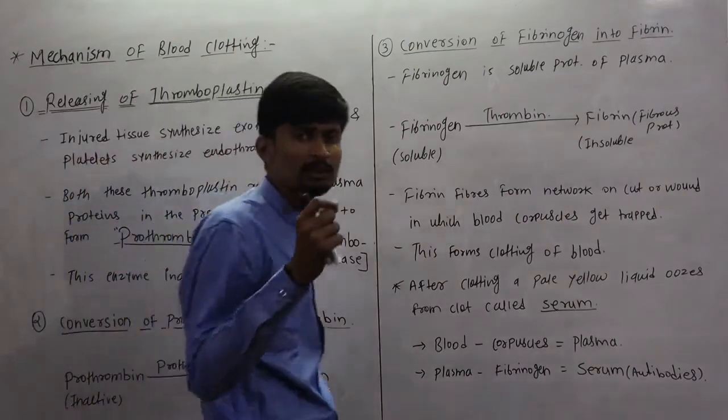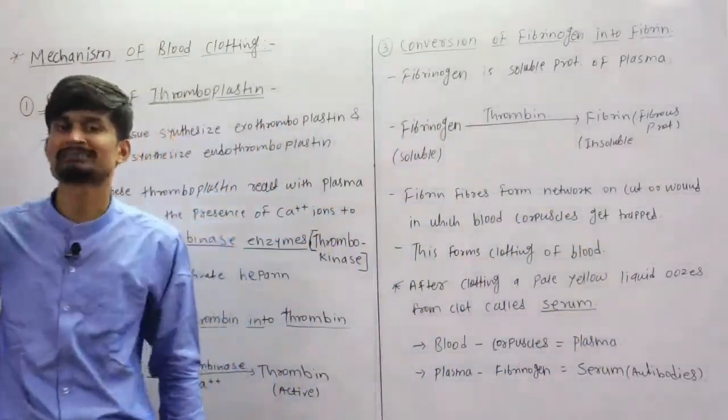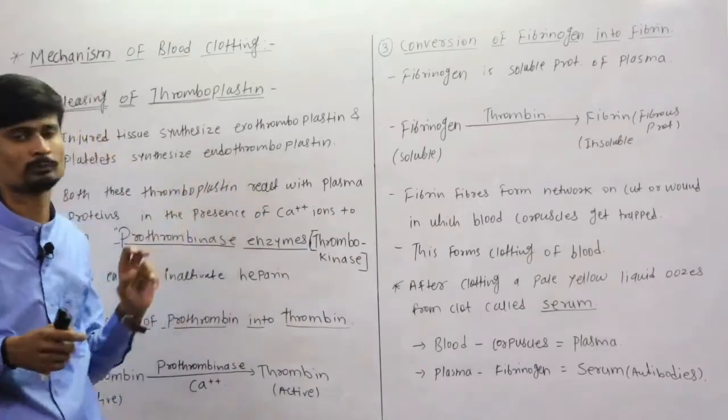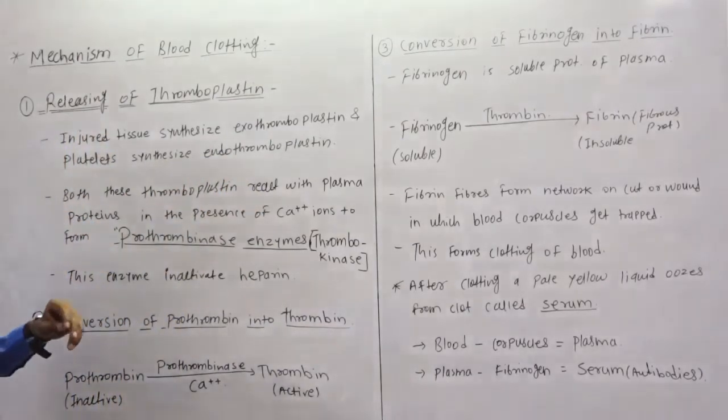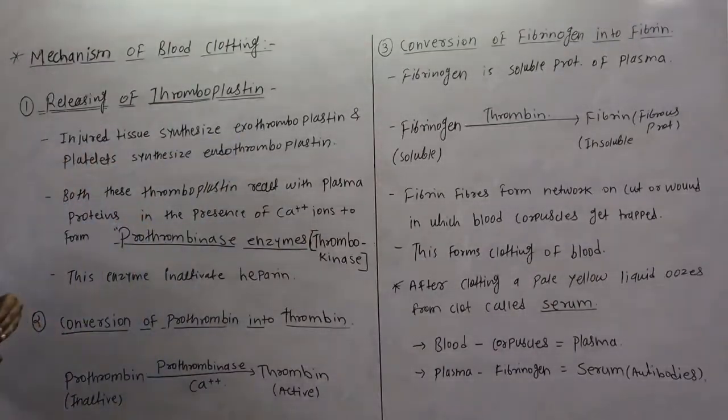In the function of platelets, we have seen it synthesizes thromboplastin, and that thromboplastin helps in clotting. Endothromboplastin acts on the inner side of the vessels, and exo is outside the vessels. So there are 2 types, exo and endothromboplastin.